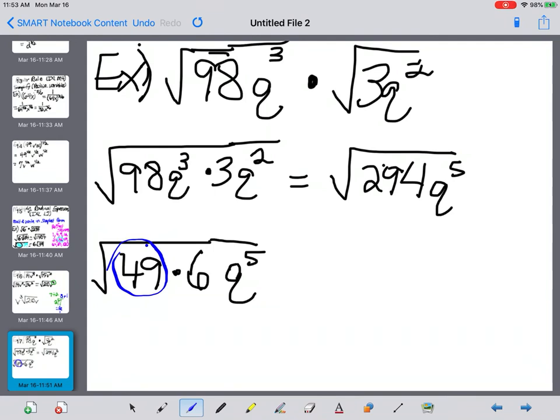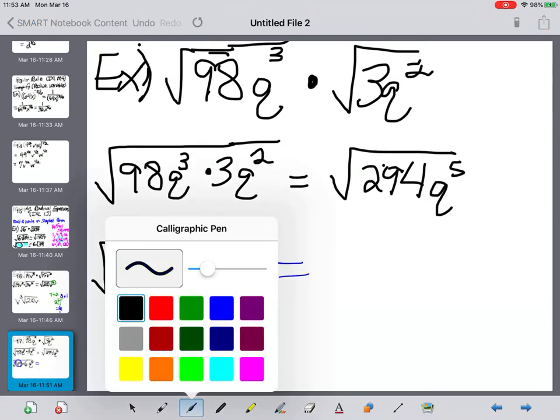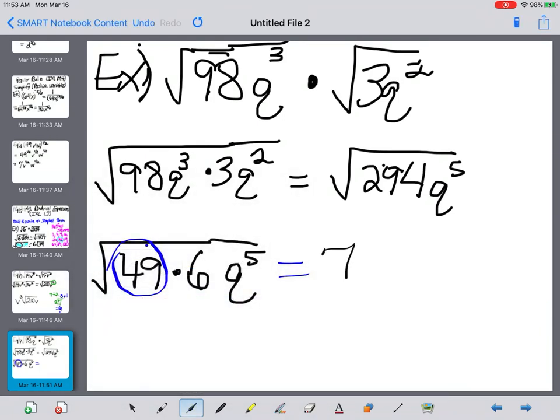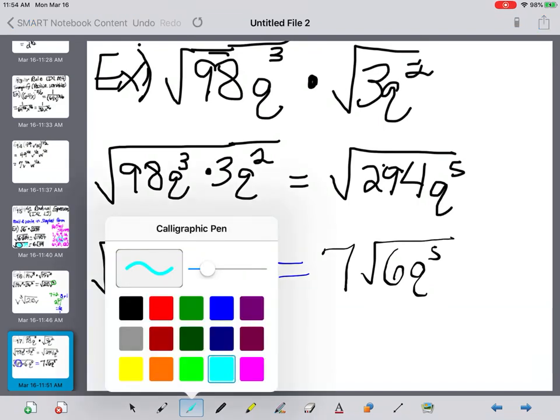So I'm going to circle it because I know it's going to come out. So that means we're going to have 7, because the square root of 49 is 7. And then I'm going to have inside still 6. 6 has to stay in there. 6q to the 5th.